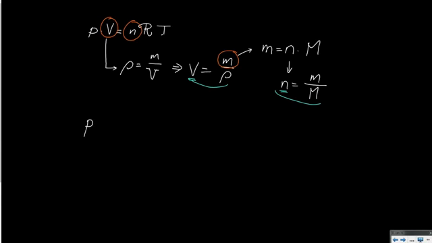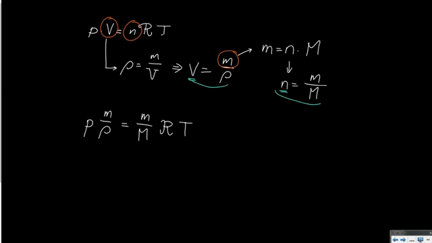So we say pressure times volume, but instead of volume we now write mass divided by rho, by the density. This equals the number of moles, but for that we write the mass divided by the molar mass. And then times the gas constant and the temperature, and this remains unchanged. What we now see is that we have the mass on the left and right side of the equation.